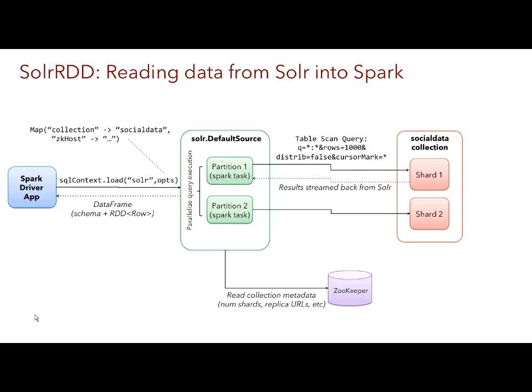So the RDD framework can go into Zookeeper and determine how many shards are available in this collection. And then when you execute a query to load that data, we partition out and create a Spark task for every shard. That means if you have 10 shards, you can start to read data out of Solr in parallel from each of the 10 shards at the same time.